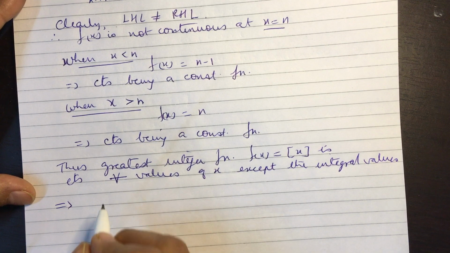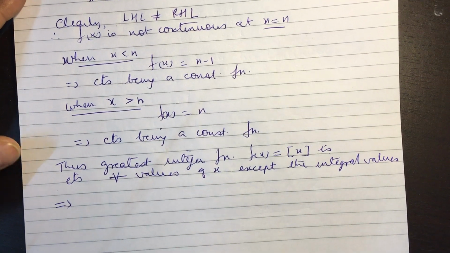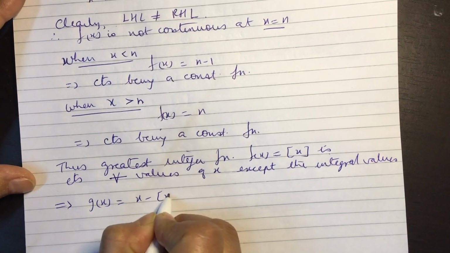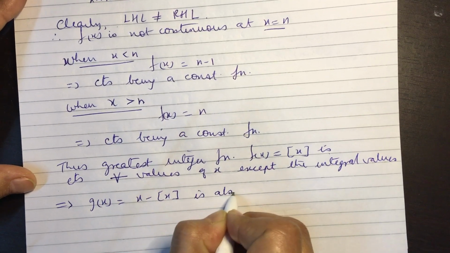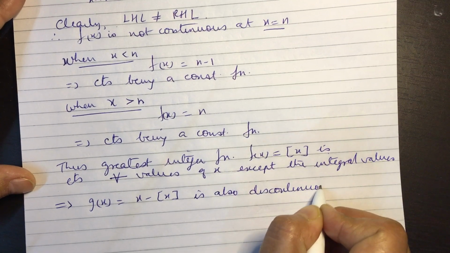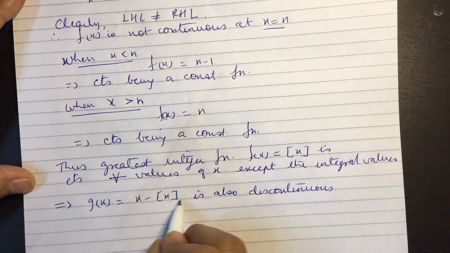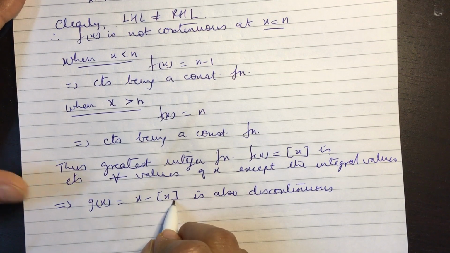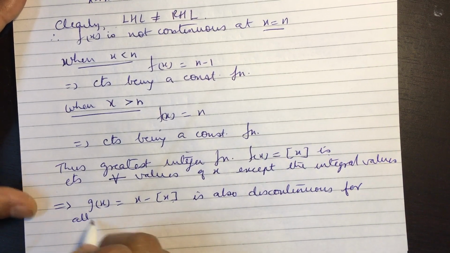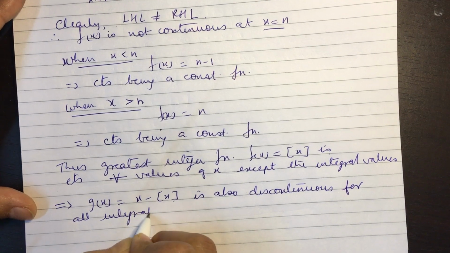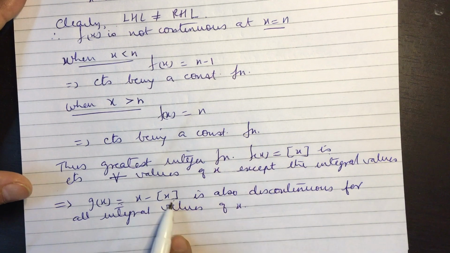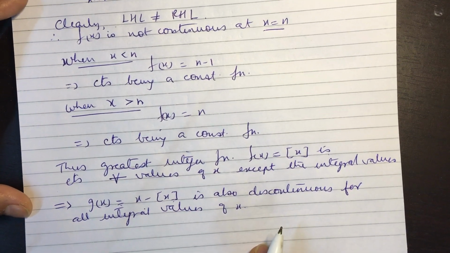It implies that the given function g(x) equal to x minus this is also discontinuous wherever the greatest integer function is discontinuous. So for all integral values of x it is discontinuous, and for all other values it will be continuous.